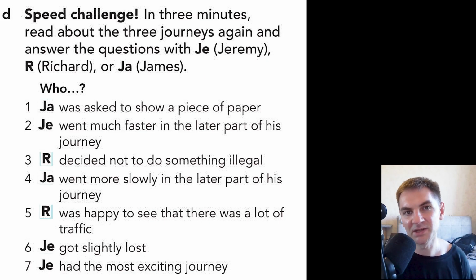Actually, it was Jeremy on a boat, because he chose the wrong direction. And then everything was fine. Next is 7. Who had the most exciting journey? It was Jeremy, because he was enjoying all moments of his journey. So he was really happy, so to speak. Okay, those were the answers.